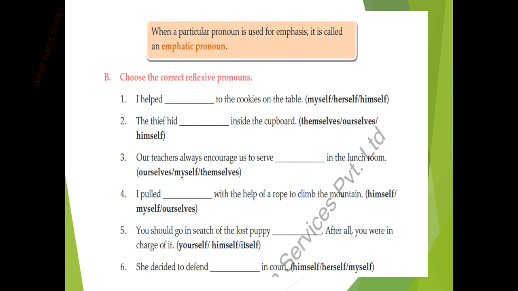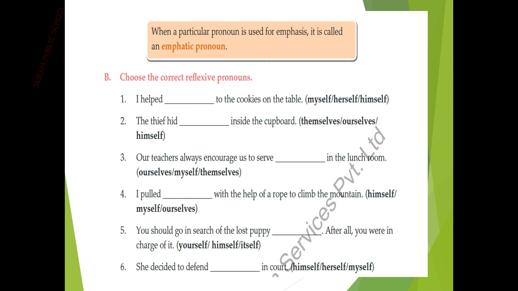Number 3. Our teachers always encourage us to serve dash in the lunchroom. So instead of our teachers, you should use the reflexive pronoun ourselves.